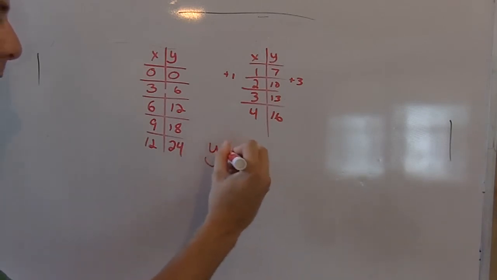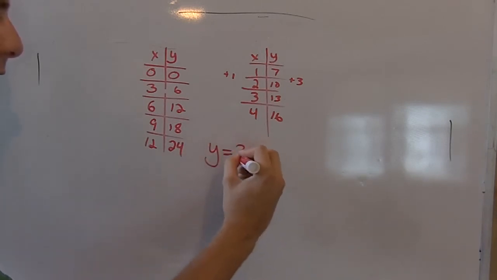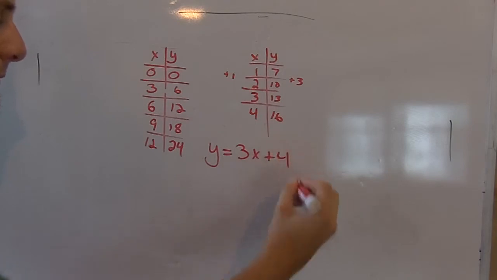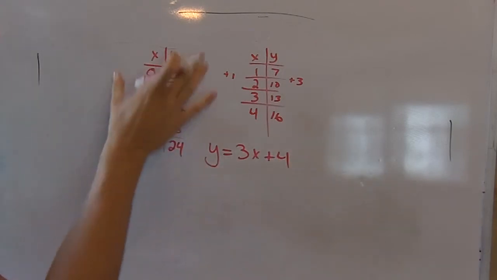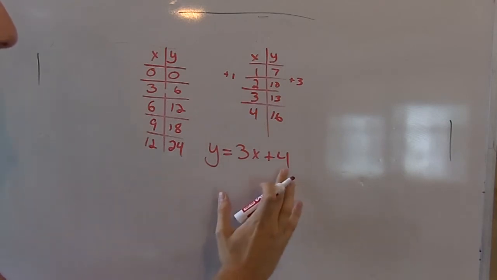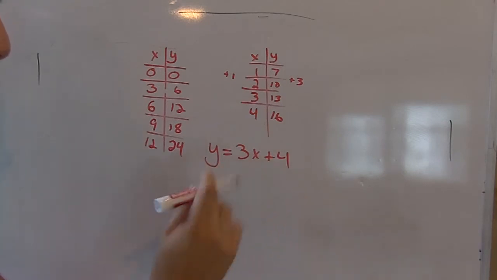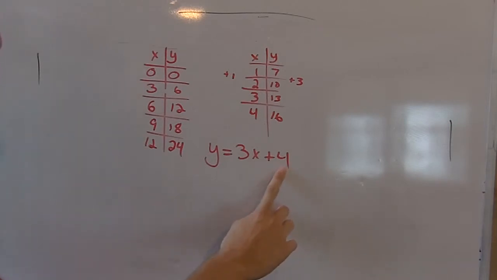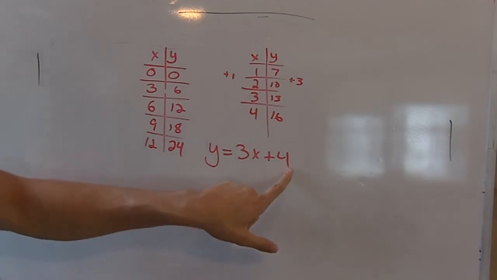Before I showed you a linear equation, it looked something like this. Okay? Now, the difference between this linear equation and a proportional linear equation is you actually don't have this over here, this plus 4. This is known as your y-intercept in a linear equation.